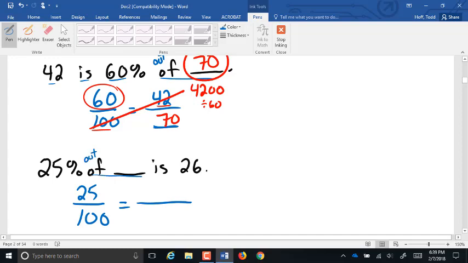Of blank, once again, if we read that as out of blank, implies the missing number goes on bottom. 25% is 26, implies the 26 goes on top.